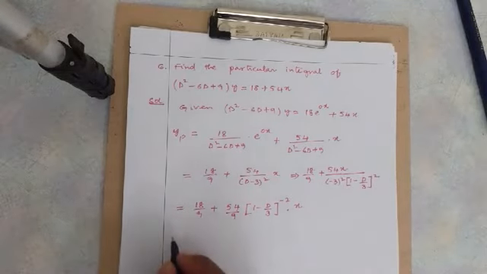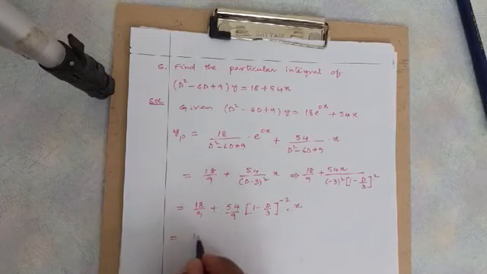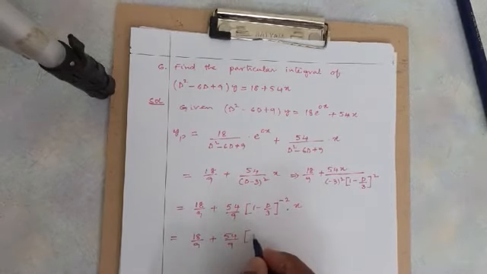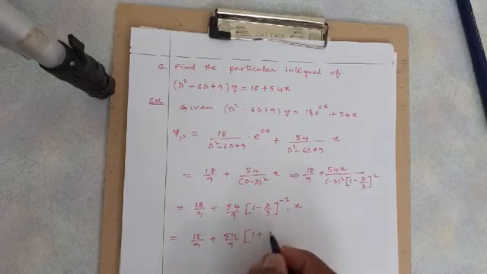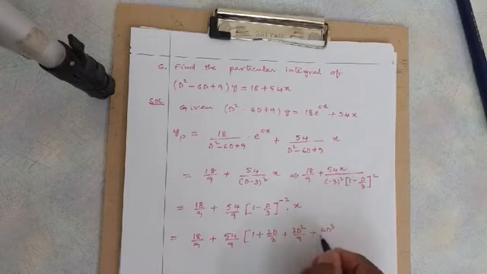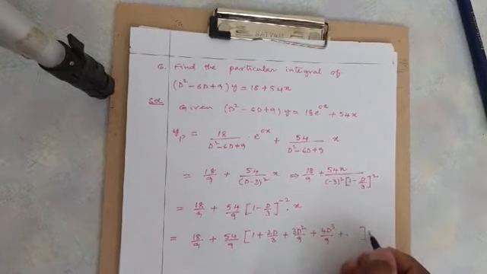So I am writing that. So this is equal to 18 upon 9 plus 54 upon 9. Then in expansion, if we write the expansion now, this becomes 1 plus 2d by 3 plus 3d square by 9 plus 4d cube by 9 plus and so on, and we write x here.